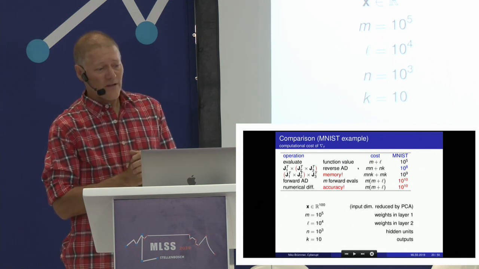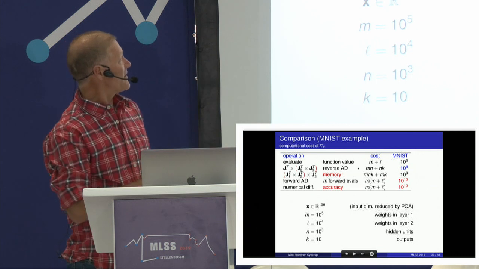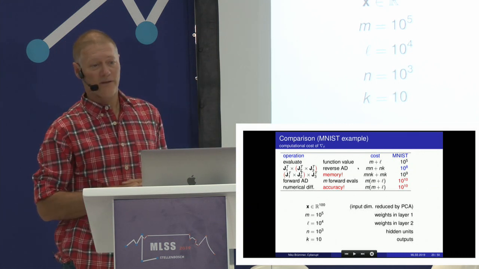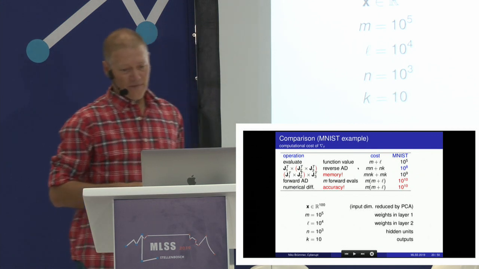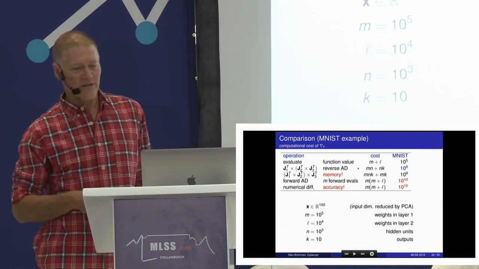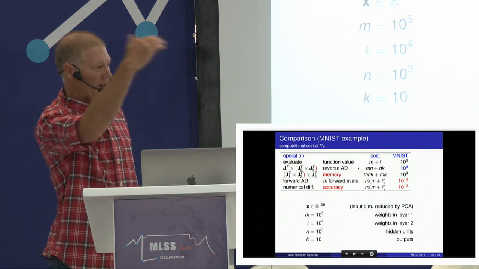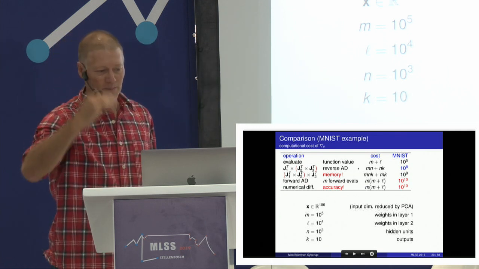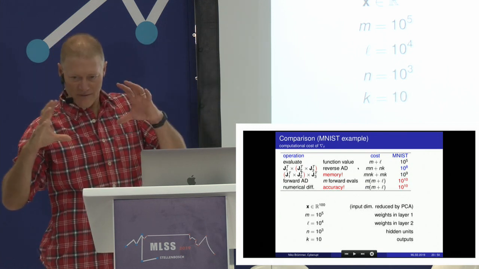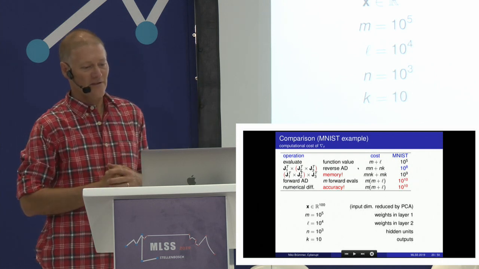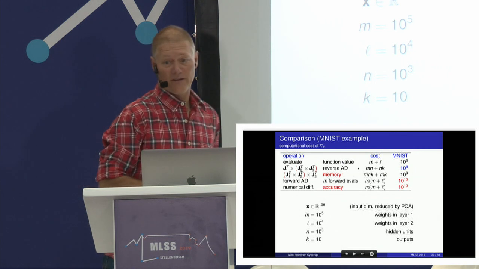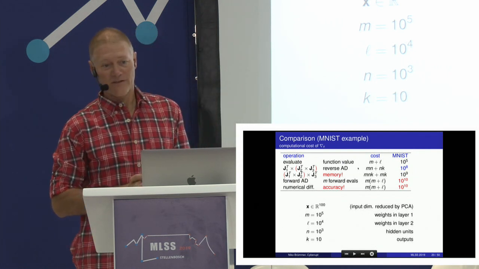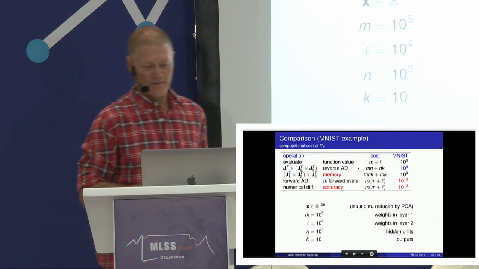If you multiply the Jacobians from the other side, it's already 10 times slower, but in the way that forward mode AD is usually implemented, it would be even slower, because it's like the cost of evaluating the function m times, once for each of the weights in the initial big matrix. So it's going to be 100 times slower than the reverse one. And if your network is bigger, it's going to be even worse than that.